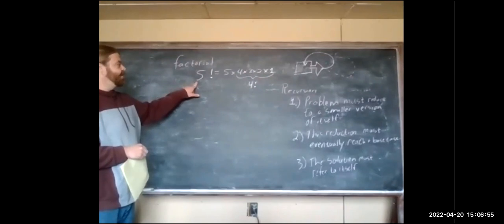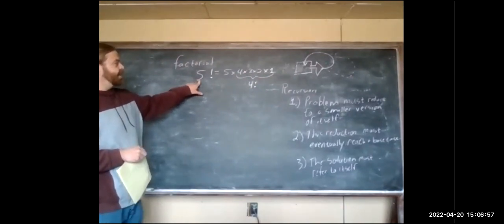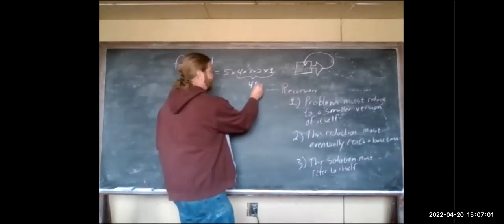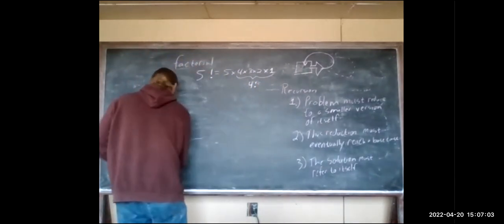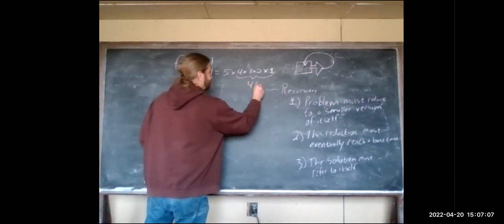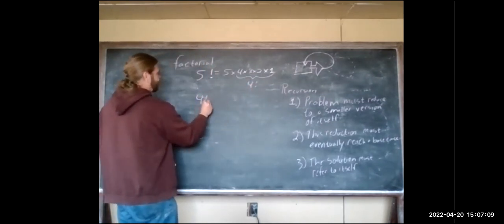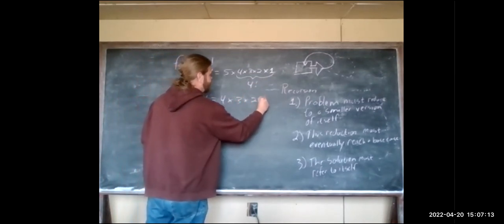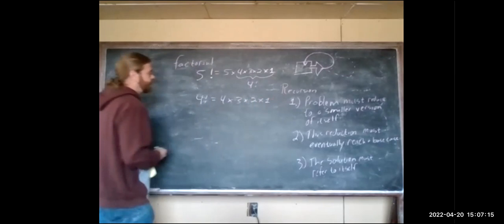So another way to say 5 factorial is 5 times 4 factorial, which is 4 times every number smaller. Well, I'll leave it there. Then 4 factorial is 4 times 3 times 2 times 1.